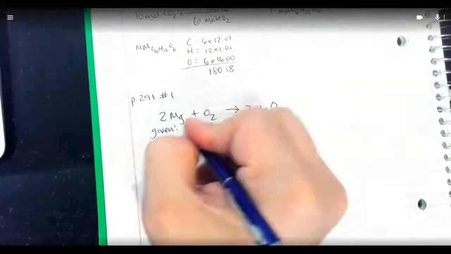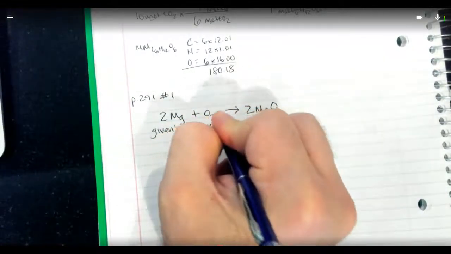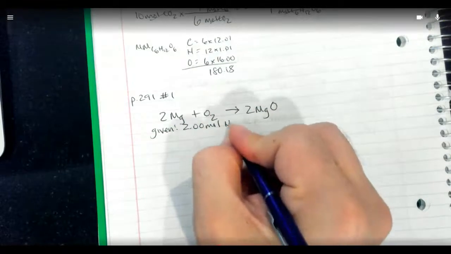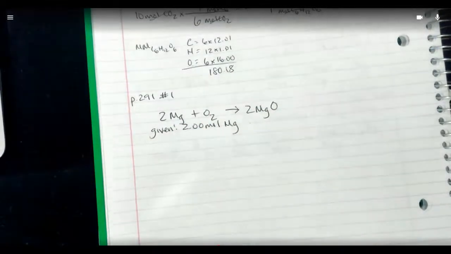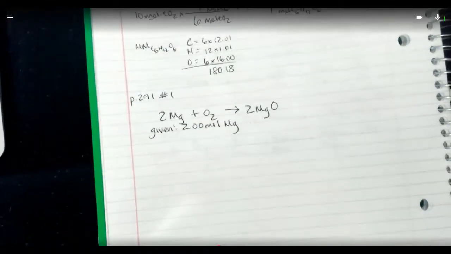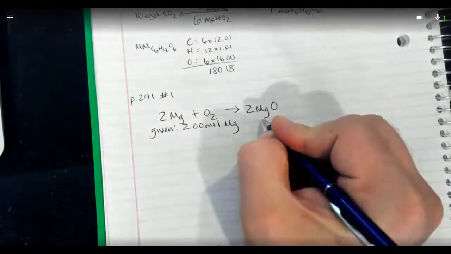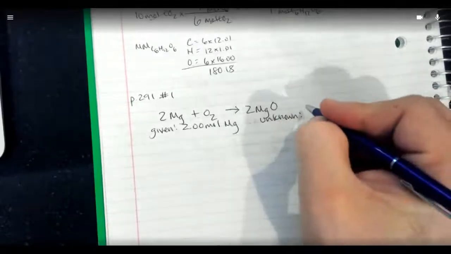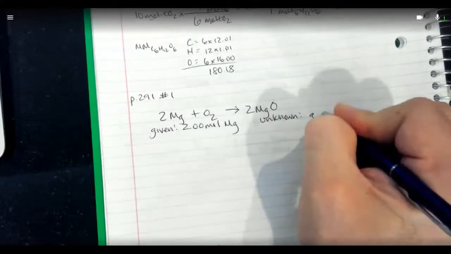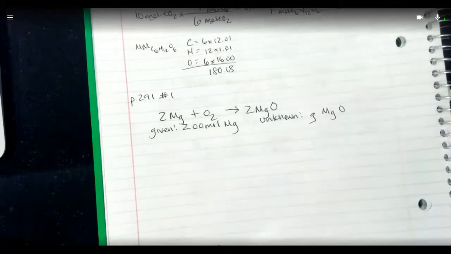The given is 2.00 moles of magnesium. Then identify the unknown. Remember, unknowns are going to be suggested by the phrase what mass, how much, determine, etc. So our unknown is mass in grams of magnesium oxide.